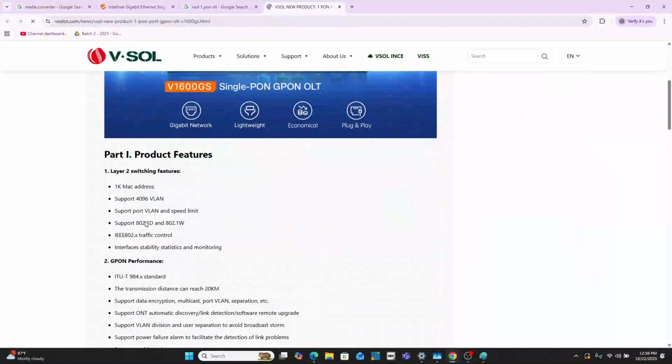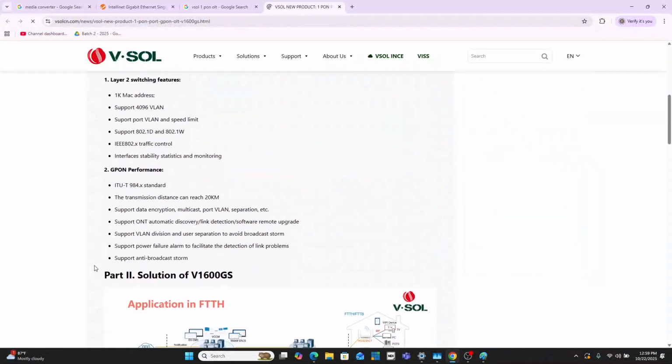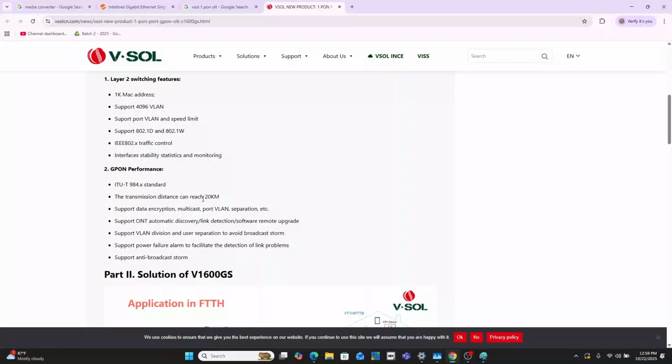If you look at the documentation, you will see that the speed, the transmission distance can reach what? 20 what? Kilometer.